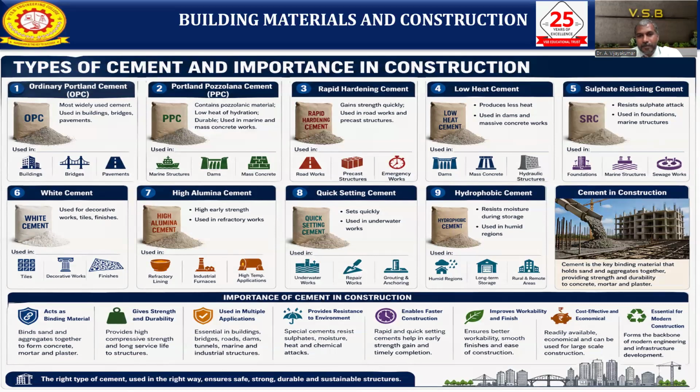So we know these different types of cement which can be used for construction purposes. The first type of cement is ordinary Portland cement, generally abbreviated as OPC. It is most widely used for buildings, bridges, and pavement construction. Pozzolanic cement, the PPC, contains pozzolanic materials.